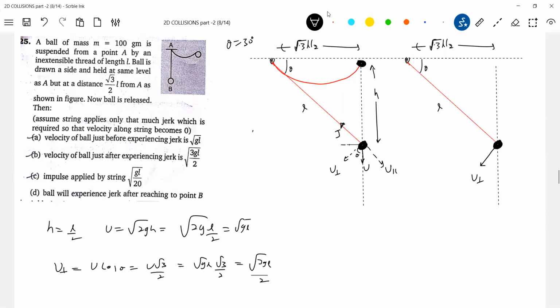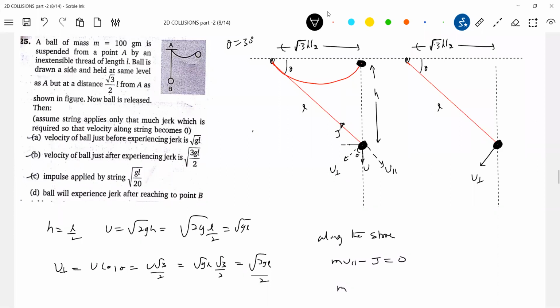So u perpendicular will be u cos theta. Velocity of the ball just after experiencing the jerk will be this. Impulse applied by the string: how to calculate the impulse? The impulse only will nullify it. So that impulse should be along the string. M u parallel minus J equals this much.